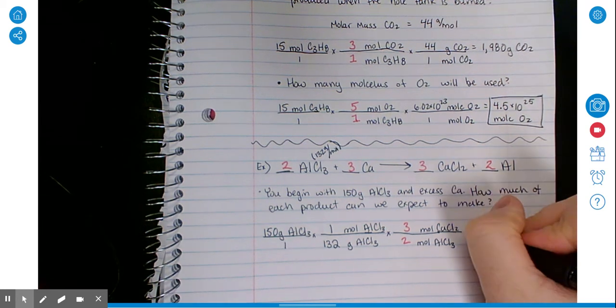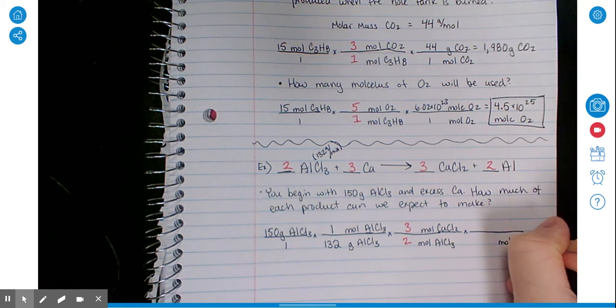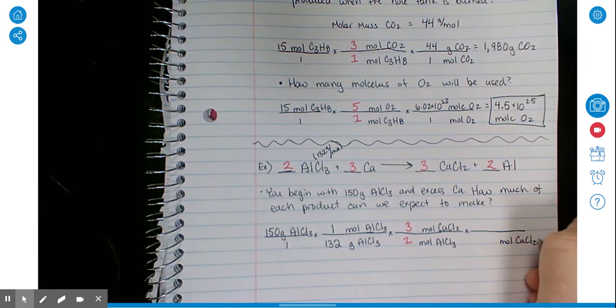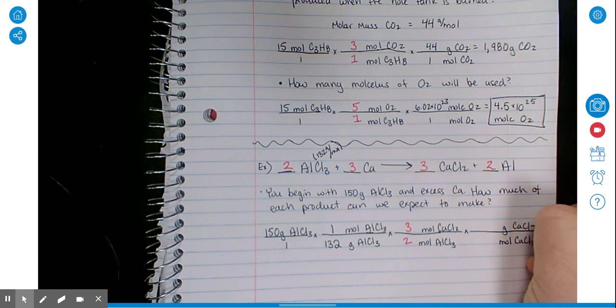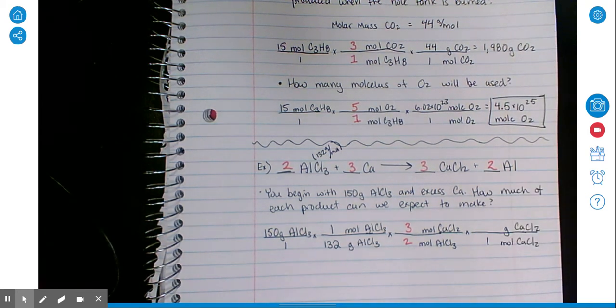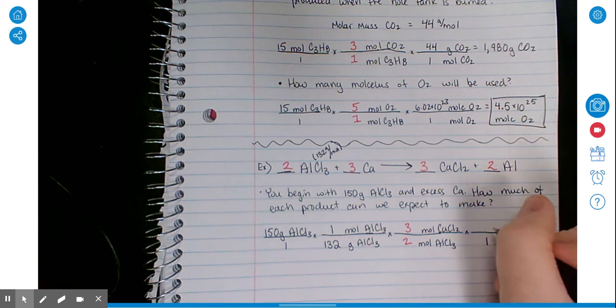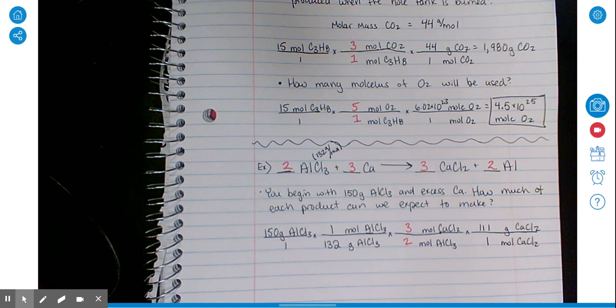How much of each product? Let's assume they wanted grams. So from moles of calcium chloride, I can go to grams of calcium chloride. The molar mass of calcium chloride is 111. So there are 111 grams of calcium chloride for 1 mole.